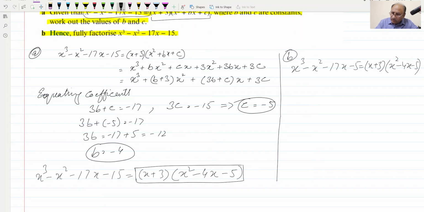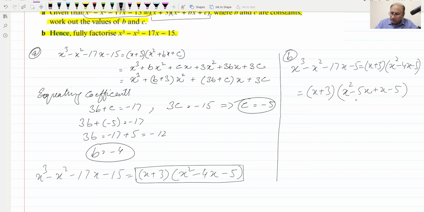Now we can factorize this portion as well, and we can write x plus 3, and this portion can be factorized to x squared minus 5x plus x minus 5.